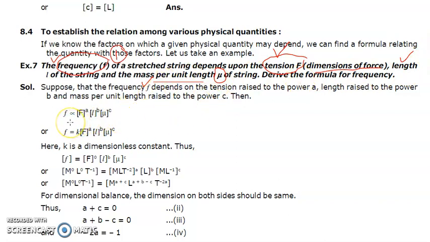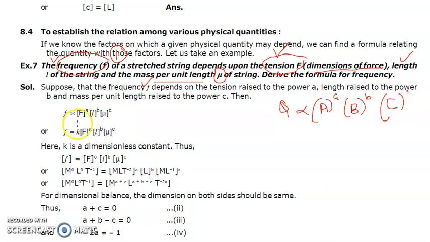So you have to write F, that is frequency, is directly proportional to force, that is tension, raised to the power A, length raised to the power B, and mu raised to the power C. So whenever you will be given a quantity Q, you would write it in this way: first quantity A raised to the power A into B raised to the power B, in the same way C raised to the power C. Here A is the force, B is length, and C is mass per unit length.